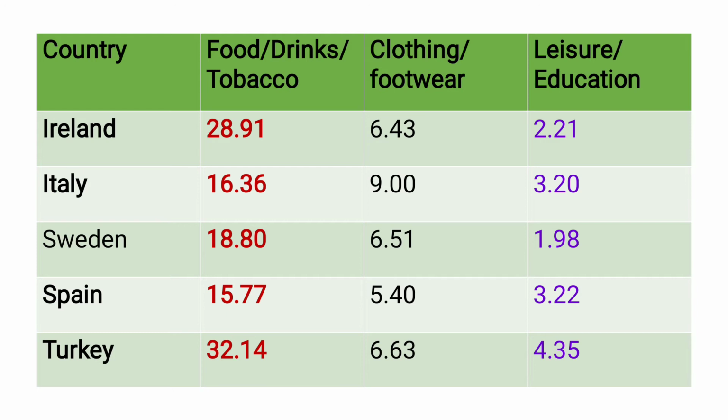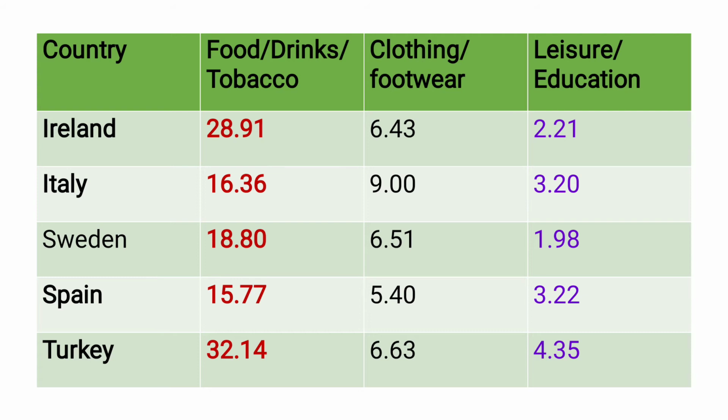In fact, all the countries spent below 5%. Now, comparing these figures in the other four countries with clothing and footwear, as well as food, drinks, and tobacco, you can see that 2.21 is more than 6.43, is far above, twice as high as what you have in leisure and education.